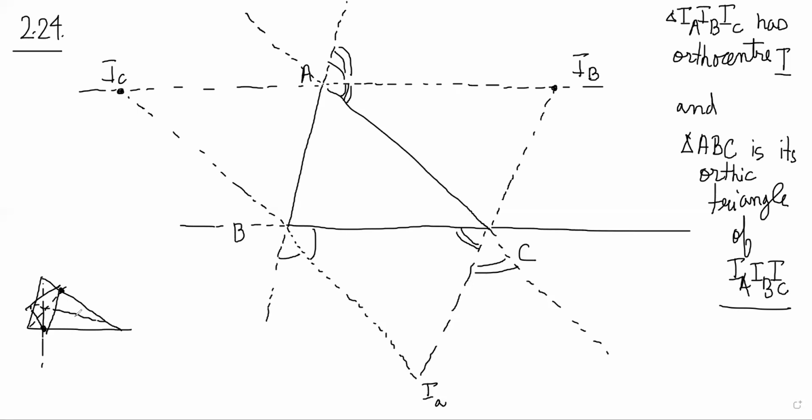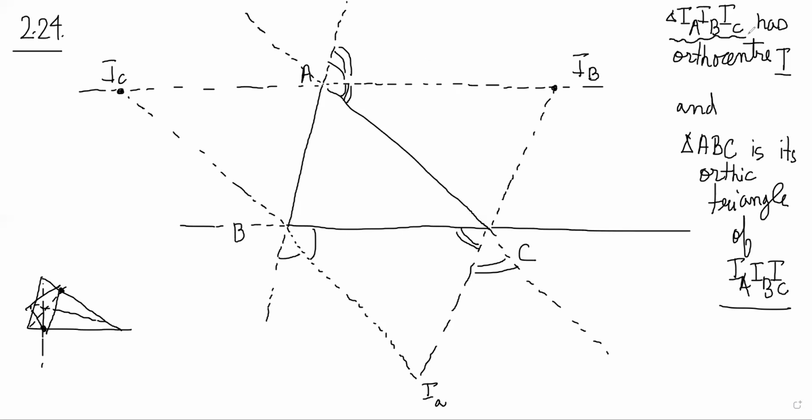So somehow we have to prove that if I draw a perpendicular from IB to the opposite side, it should land on B, right? And IA to the opposite side and IC to the opposite side, right? Yeah. Then only will that be my ABC pedal triangle, right? Yeah. Okay, so we'll think about it.